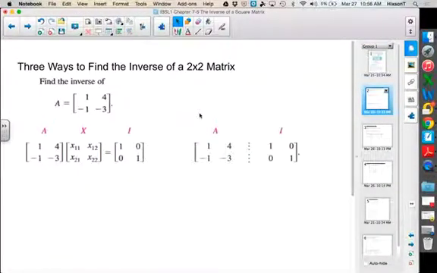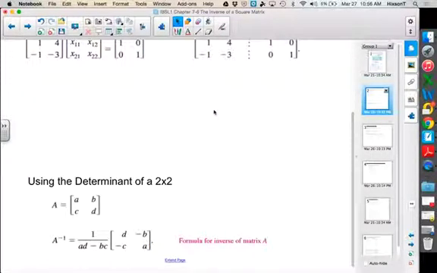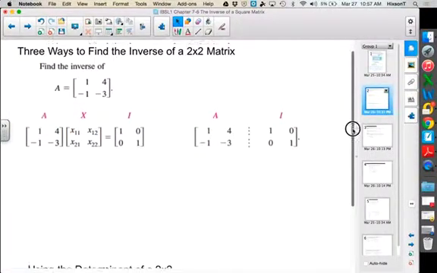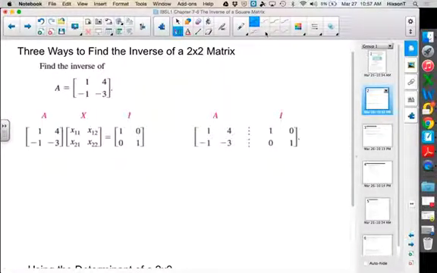These first 2 ways we're going to look at, that's the case. The last way is a formula, but that only applies to 2 by 2s. The formula is actually an easier way of getting the inverse of a 2 by 2 matrix. These first 2 ways, however, will work no matter what the dimensions are.